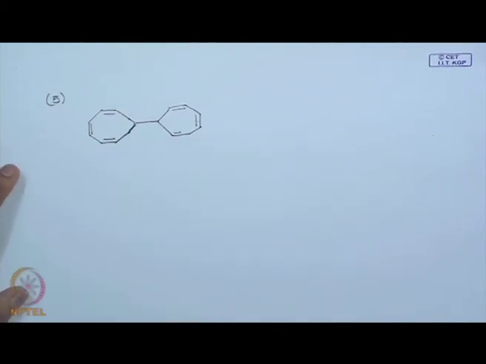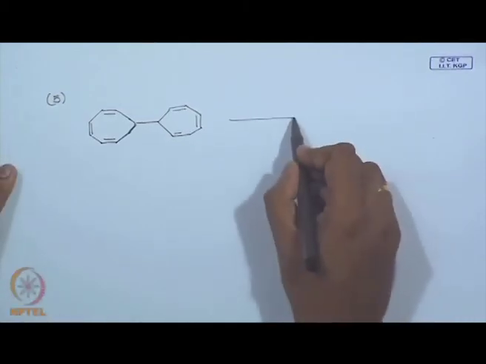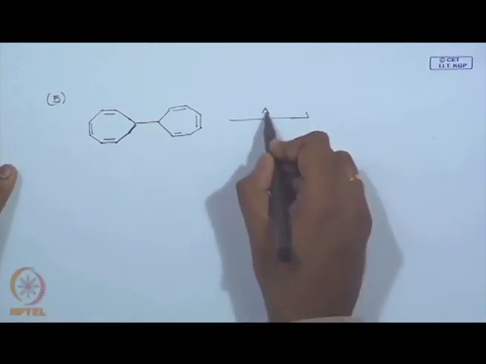You have a system like this. Now what happens? Any idea what this system can do? I want to take this example because you can use it for continuation of other problems, like annulenes, which we can work on using this problem. So what happens here if I take this molecule and heat it?